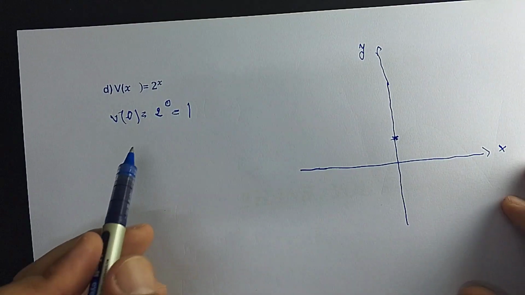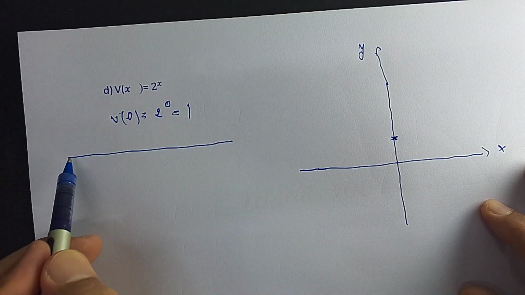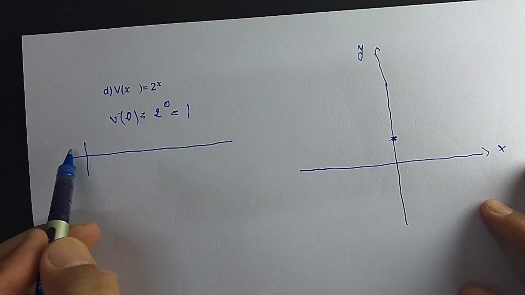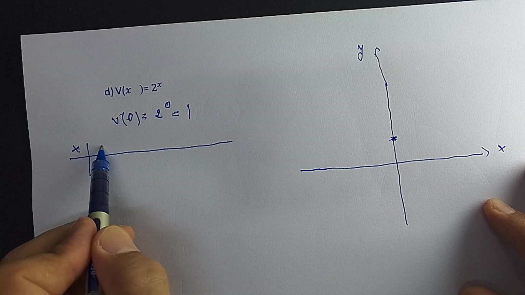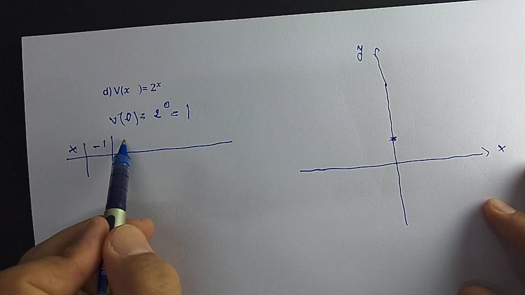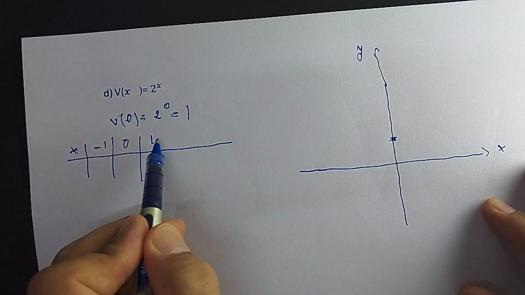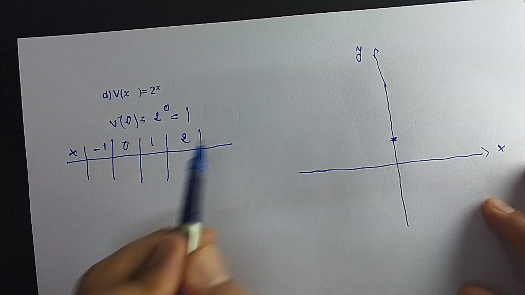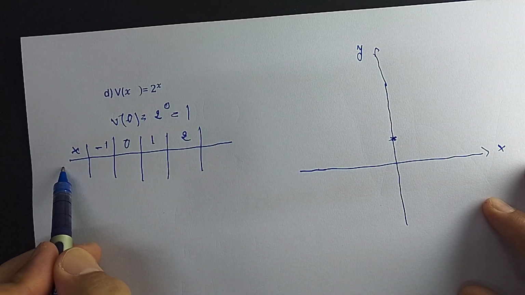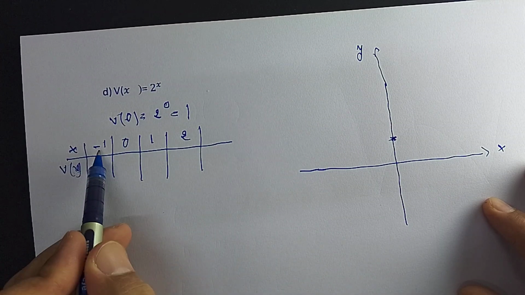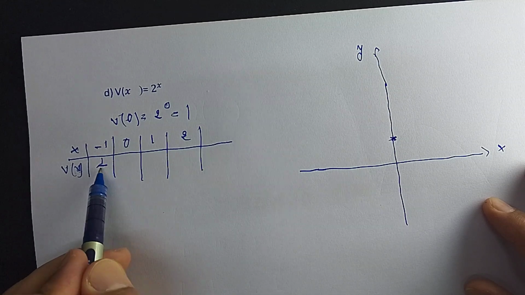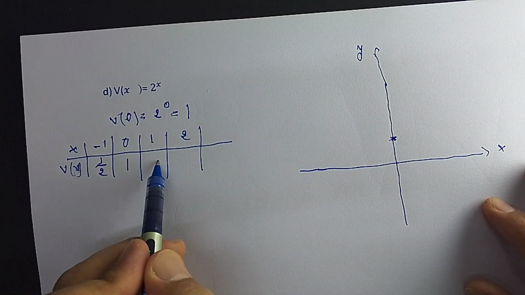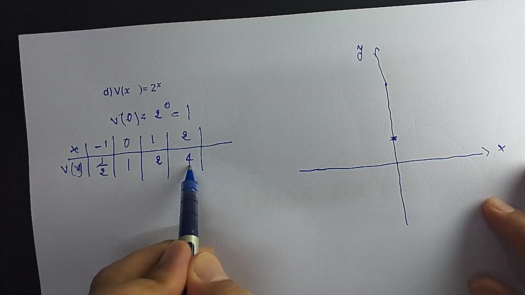I can take some values of x, for example minus 1, 0, 1, 2, and so on. v(minus 1) equals 1 over 2, v(0) equals 1, v(1) equals 2, v(2) equals 4.